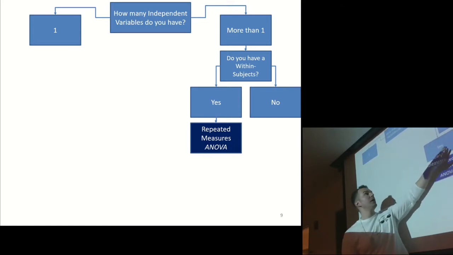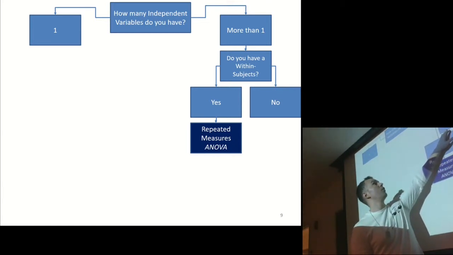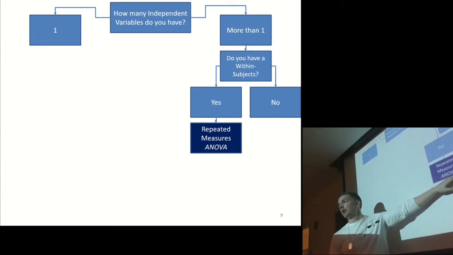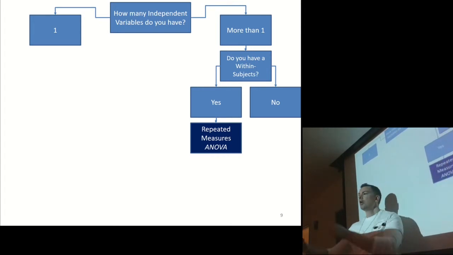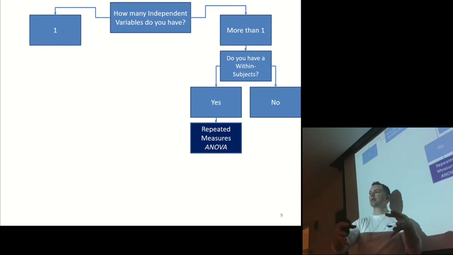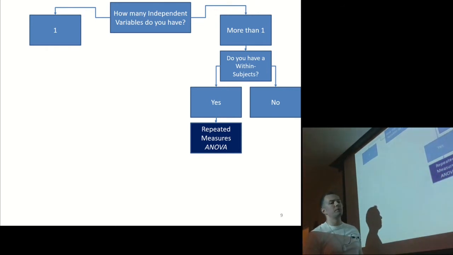So if it's all within, then you run your repeated measures ANOVA. If only one of them is within, then you run a repeated measures ANOVA. Basically, if you have at least one within subjects variable, where the subjects encounter every condition on that variable, you're going to be doing a repeated measures ANOVA in SPSS.